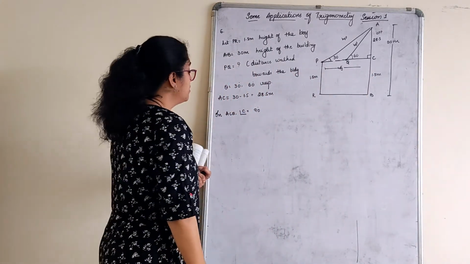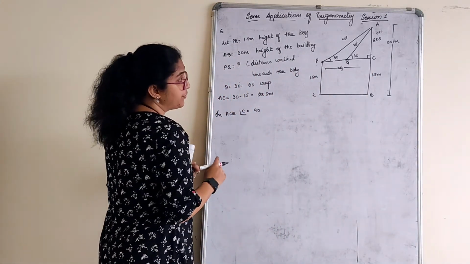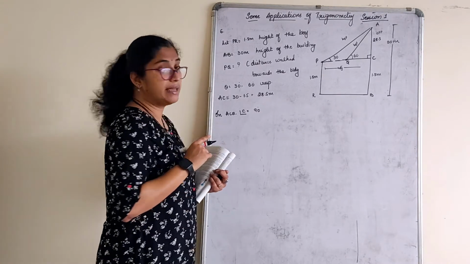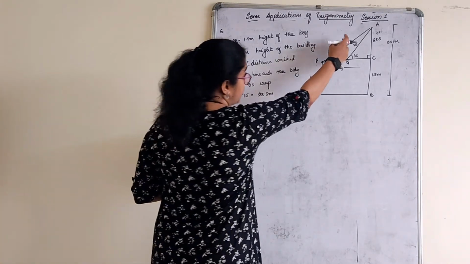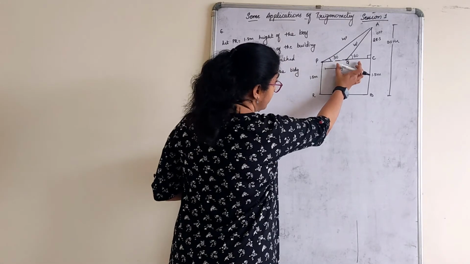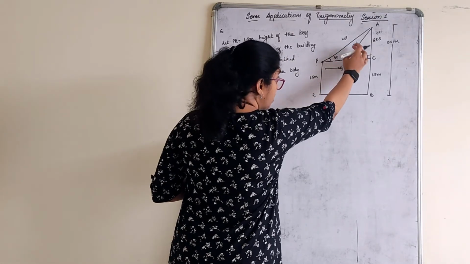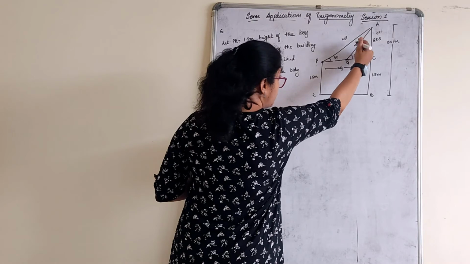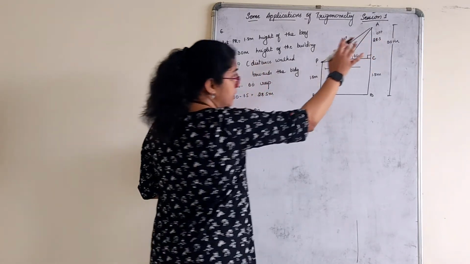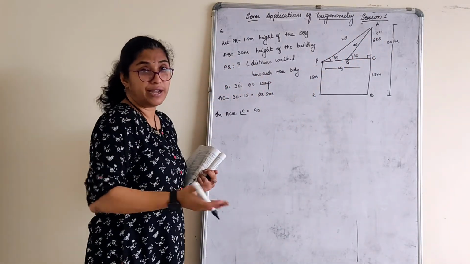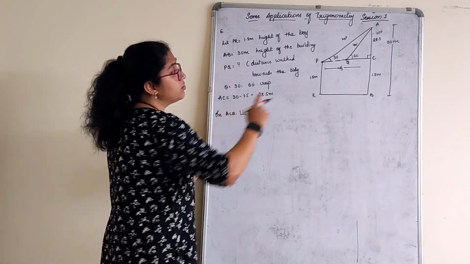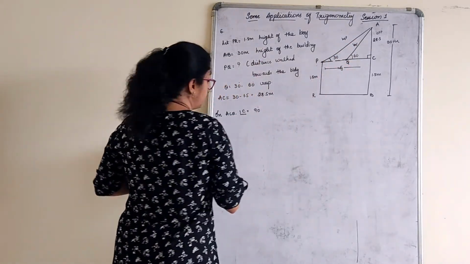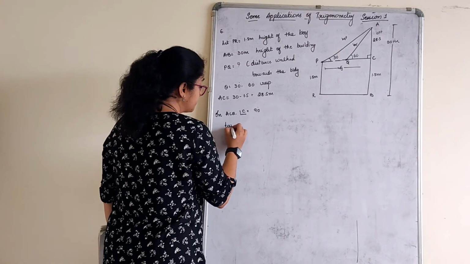So which one do you have to find now? You know opposite and hypotenuse. But before you find the hypotenuse, first we have to find this part here. Hypotenuse is nowhere required. We don't want to find that elevation part. We only want to find the adjacent. So opposite by adjacent will give you what? Tan.